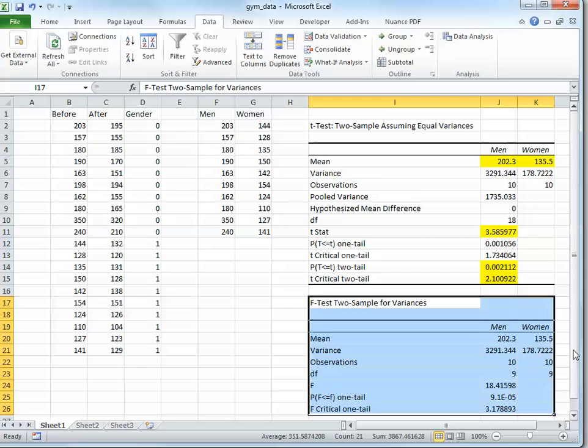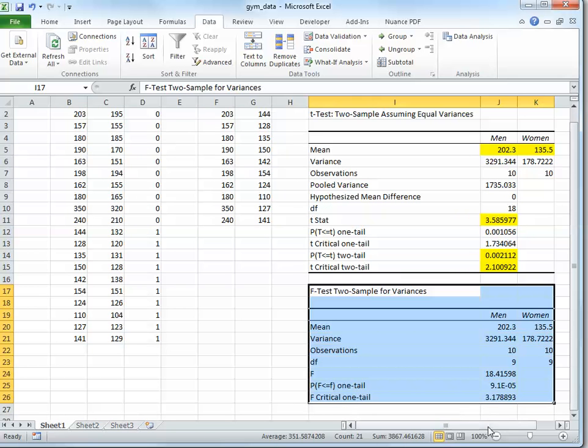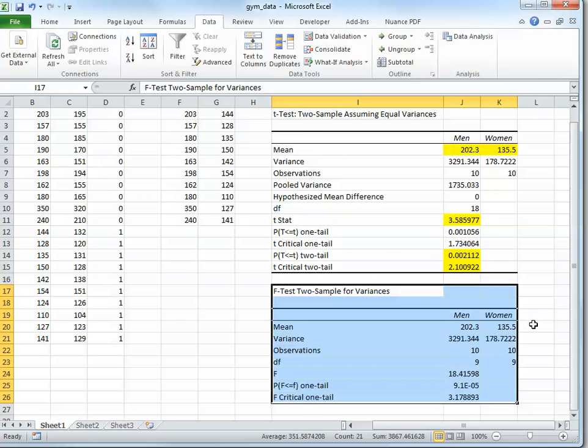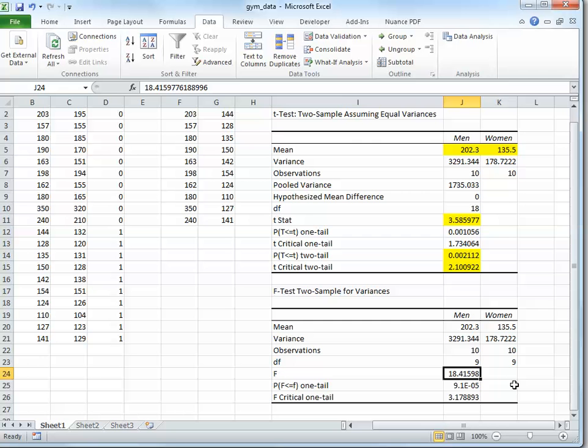Okay. So we run this, and we find the ratio of the variance of men to variance of women is 18 times. That means that the variance of men is 18 times that of the variance of women. Well, the F critical is 3.717. Now, since our F statistic is greater than F critical, we'd reject the null hypothesis.